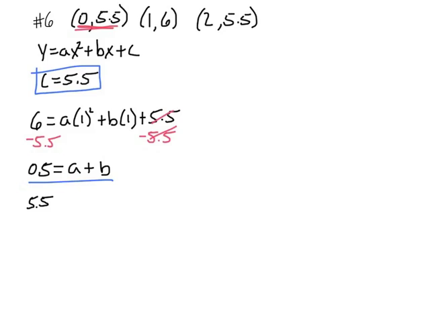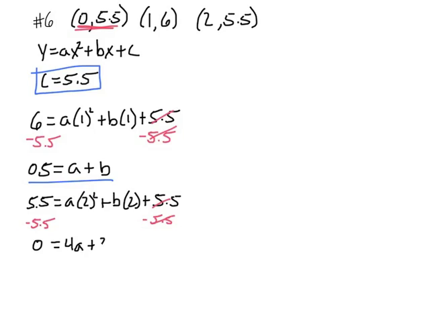Gives us 5.5 equals A times 2 squared plus B times 2 plus C, which is 5.5. So subtract 5.5 from both sides. 5.5 minus 5.5, 0. 2 squared is 4A plus 2B. So there's our second equation dealing with A and B.